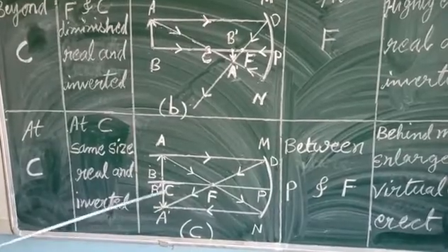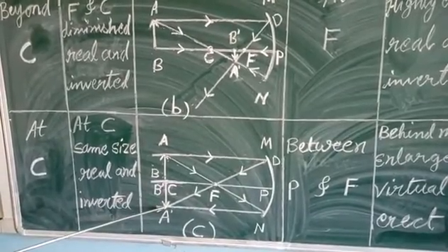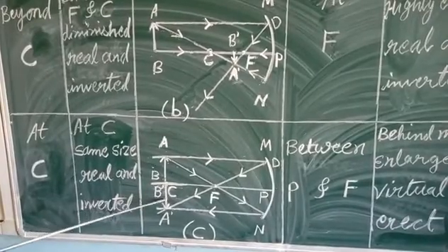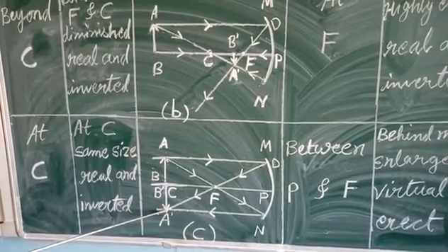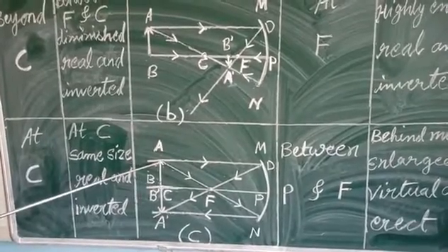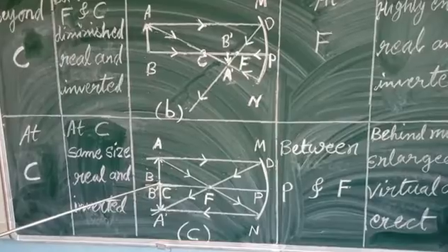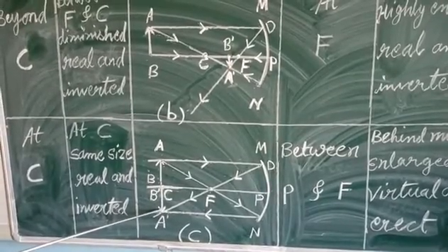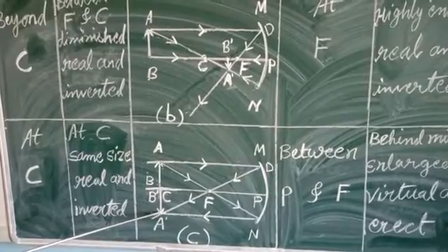At this point the image is formed. That means at the center of curvature the image is formed, the size of the image is the same as that of the object, and the nature of the image is real and inverted.